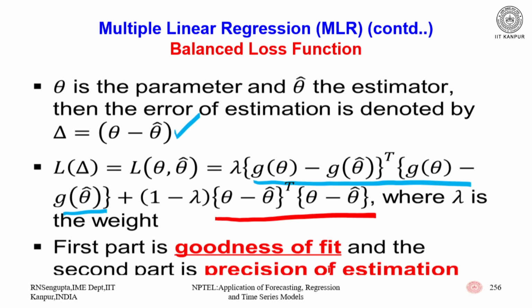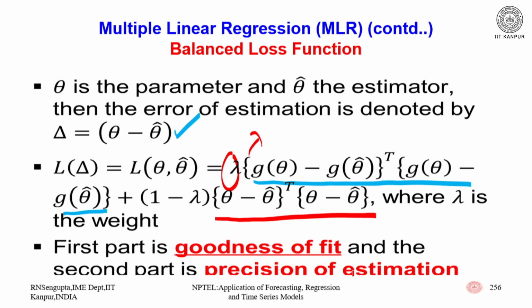The weightages which you give, I am using the symbol lambda here, and these lambda values are between 0 and 1, almost like the case, if you remember, for forecasting where we had used the weightages alpha 1, alpha 2, alpha 3, but always ensuring that the sum of the weights is equal to 1, and also that the weights are between 0 and 1, both inclusive.